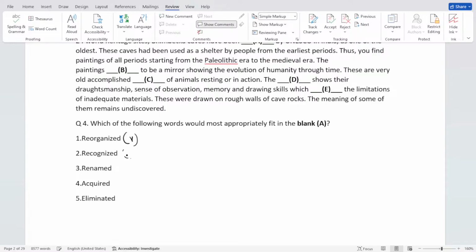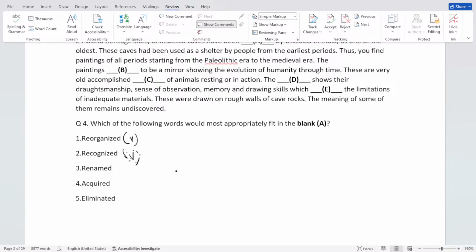So it is also a part of verb. It is also a type of part of verb. So when it comes to recognized, acknowledged or the legality of something, recognized will be the correct answer.